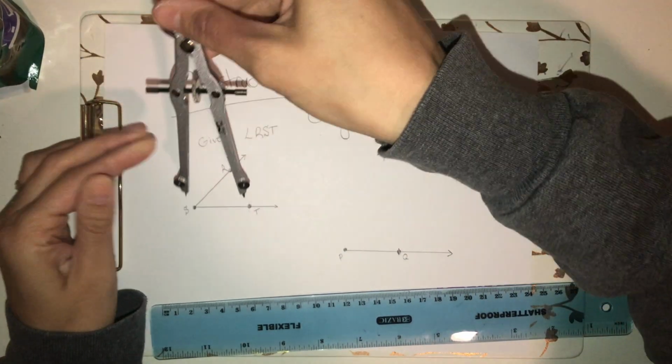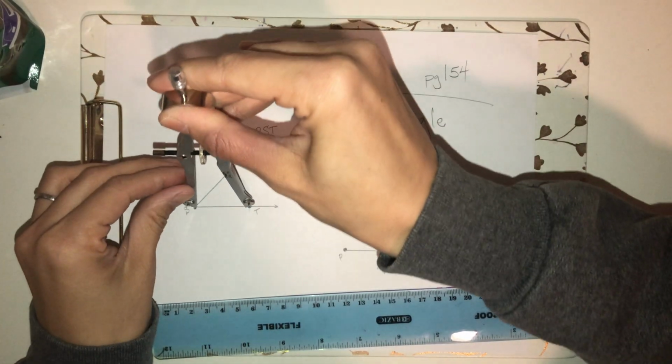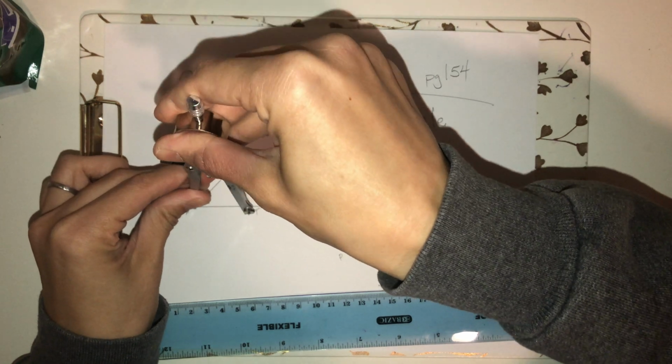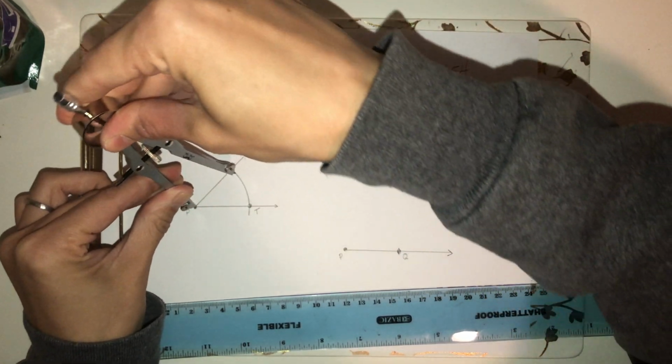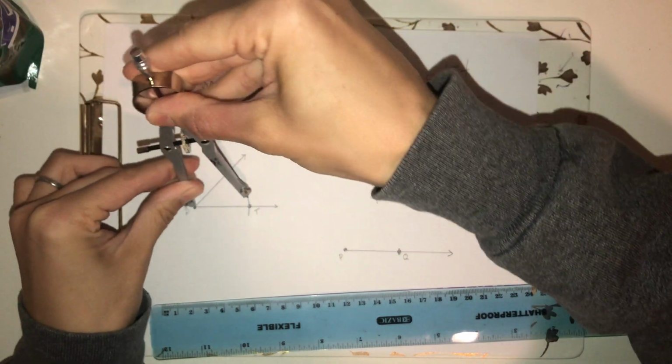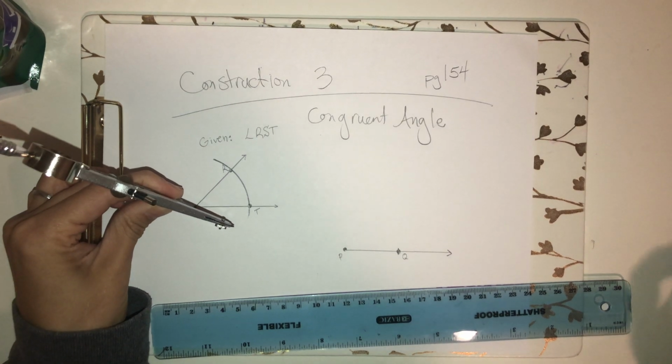And let's go ahead and do that. There's no reason why we need to change the radius here. We can just keep it going through T, and then swing it on all the way up. And look, it happens to also pretty much be going through R as well.